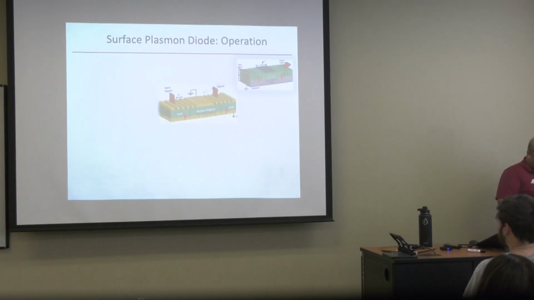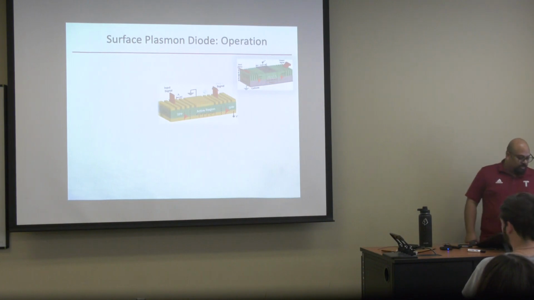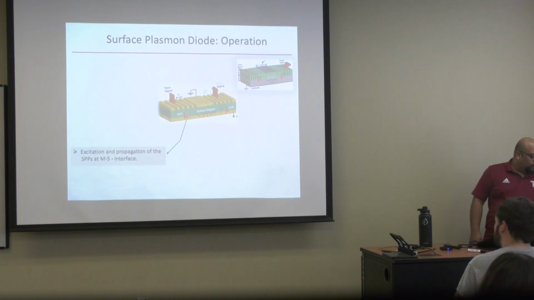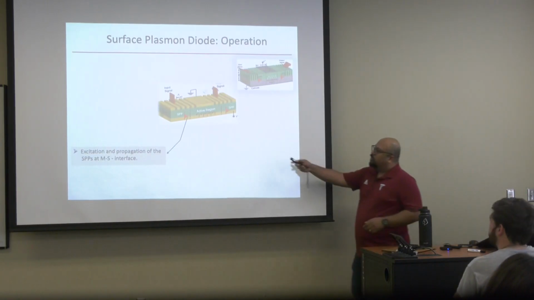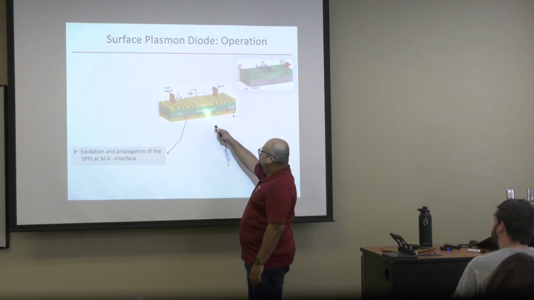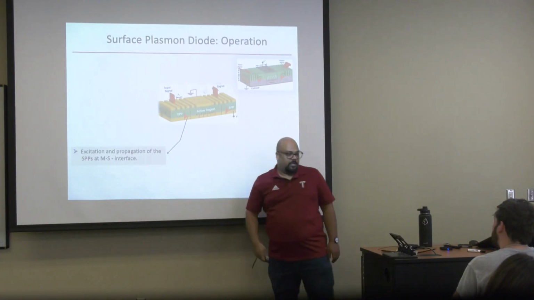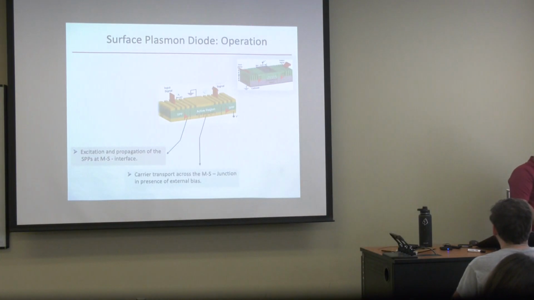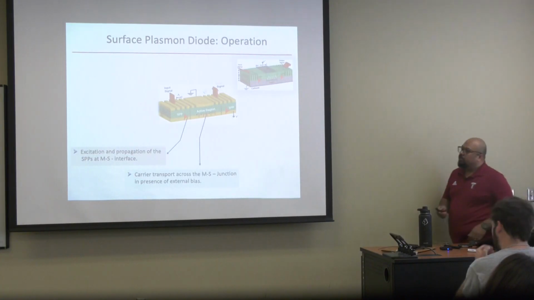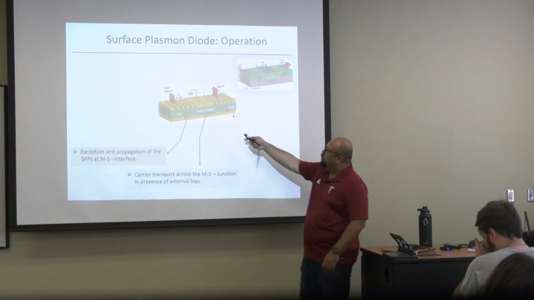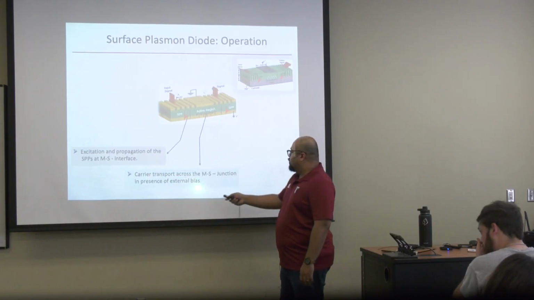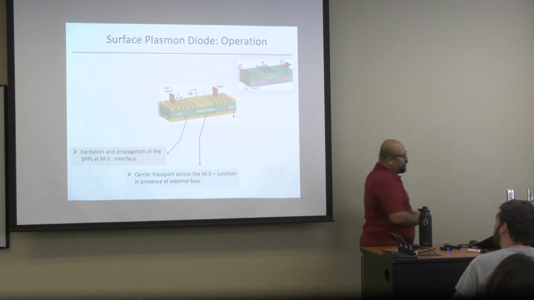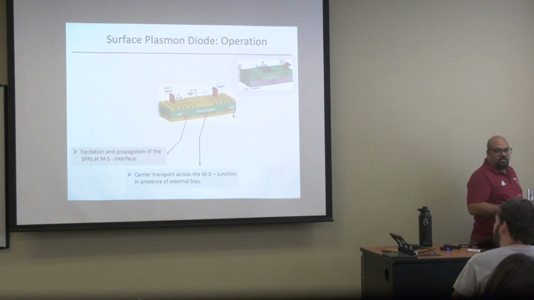This slide basically helps in detail to understand how the device works. This particular junction helps the excitation of the surface plasmon polaritons. Then, under the impression of voltage, the carriers move in the active region. Carriers are nothing but electrons and holes, right?